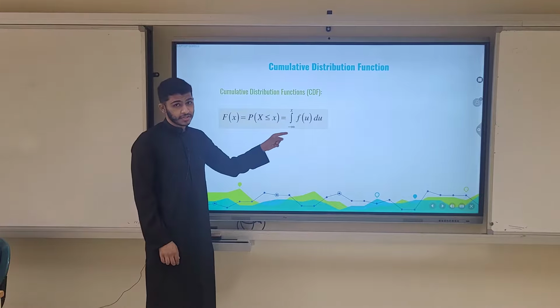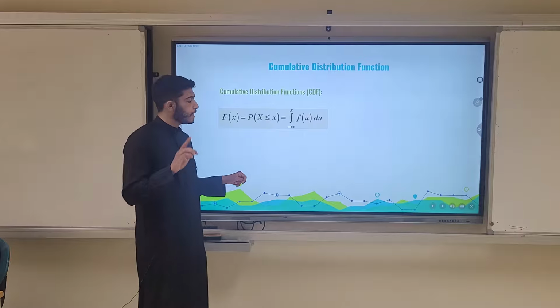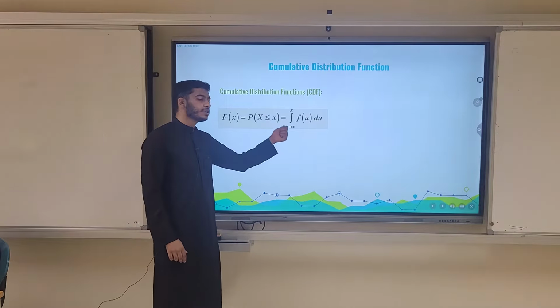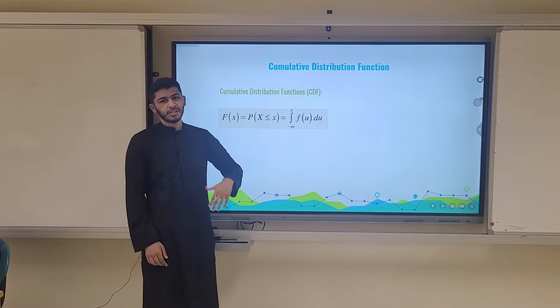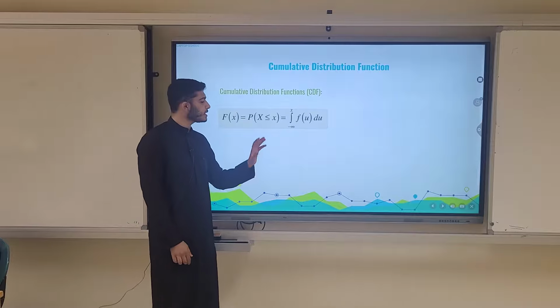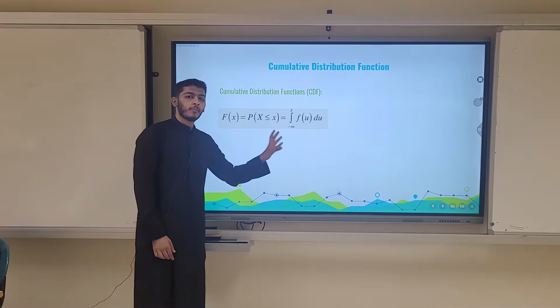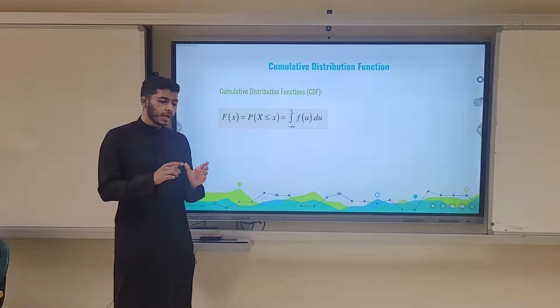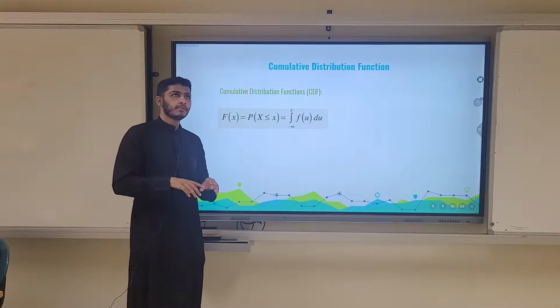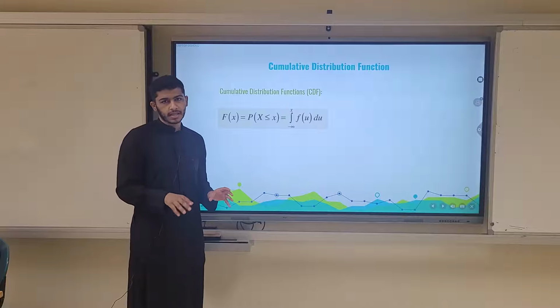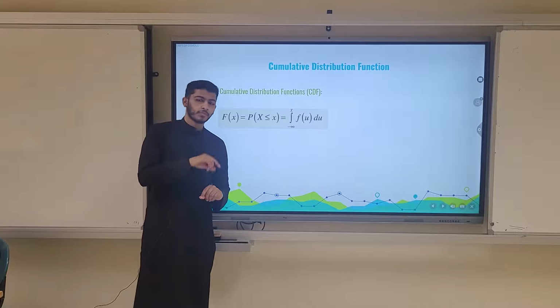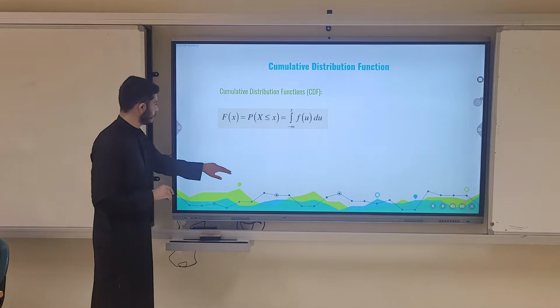Remember, this is not minus infinity necessarily. It just tells you to integrate from the lowest value you have, whether it is minus infinity, 0, minus 1, 4, whatever it is, from the lowest value to x. And you're going to end up with a function that you can plug any number in, or any number in the domain of x, let's say, and it will give you the probability of it, the cumulative probability of it. We're going to see how we're going to use it, don't worry.